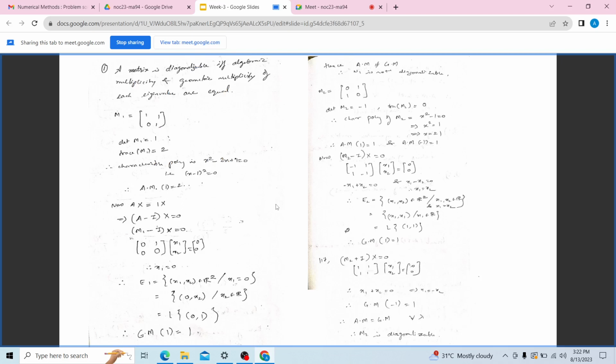Just see how it is solved. Try to solve it, and if you have any doubt in any of the steps, tell me.